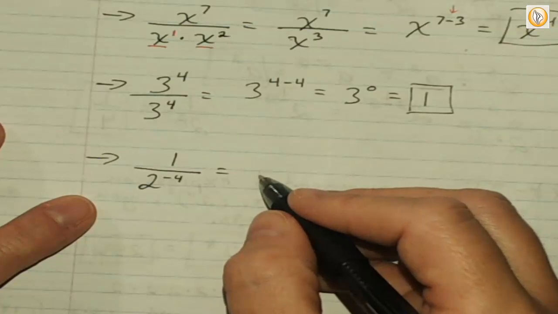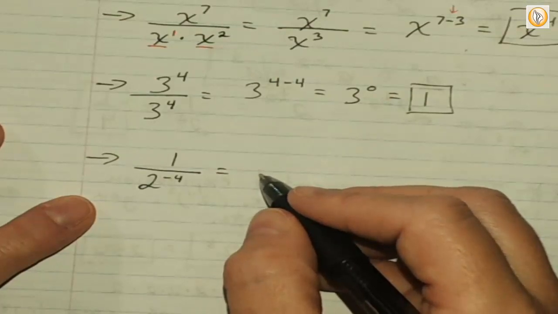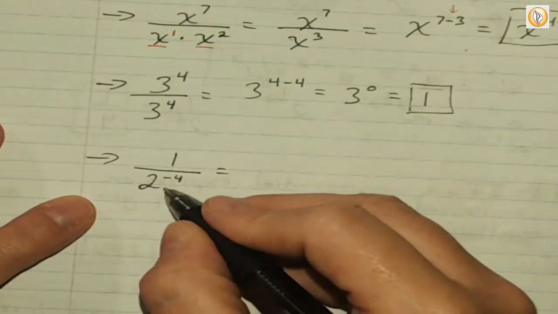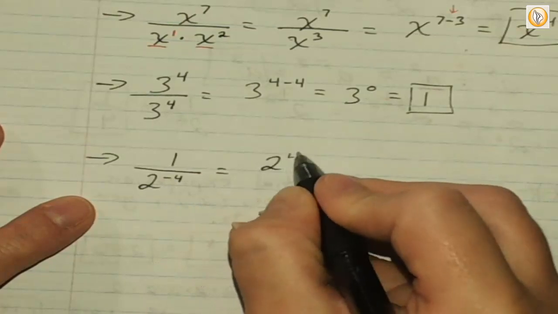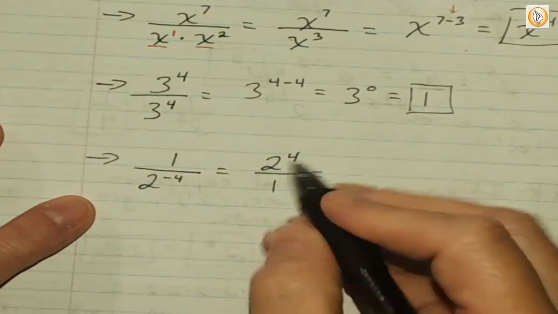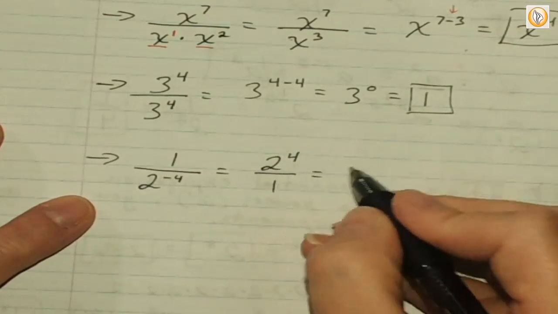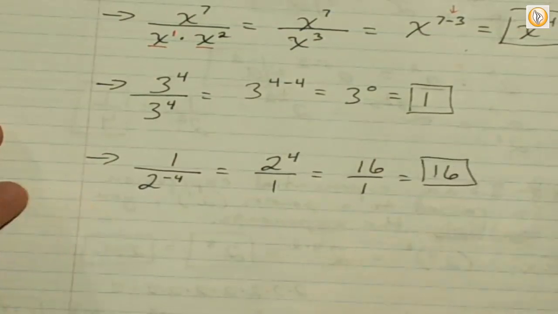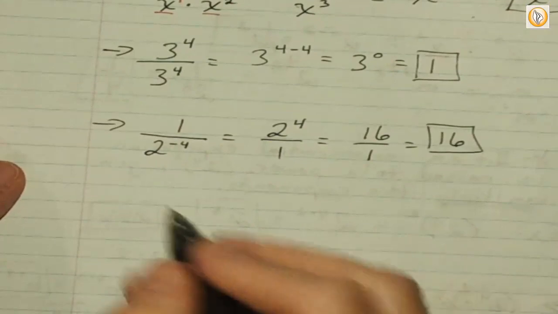That was yesterday, so I think you missed it. Natalia can help you. Because you have a negative exponent, you're going to need to flip them. Where does this go? On top. You can even put it over 1 if you want. And then 2 to the 4th is 16 over 1, which is 16. Okay, I understand. You got it?